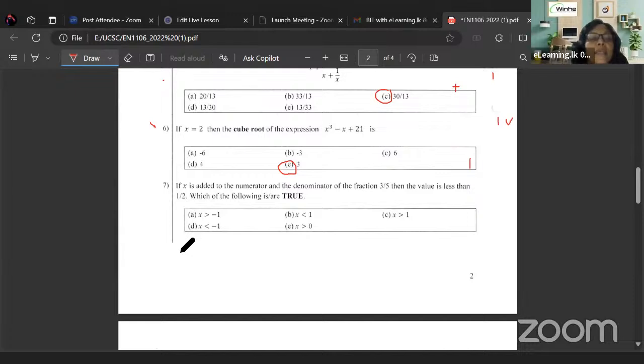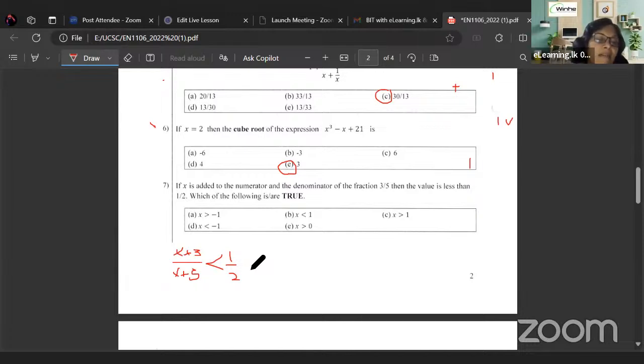You should add x to the numerator, that means 3 is the numerator, and also add x to the denominator. The denominator is 5. Then when you add this, the value is less than half.